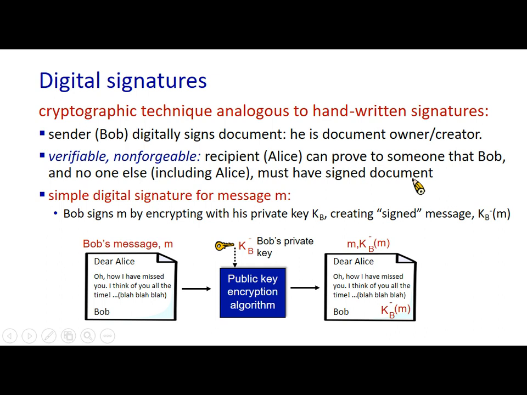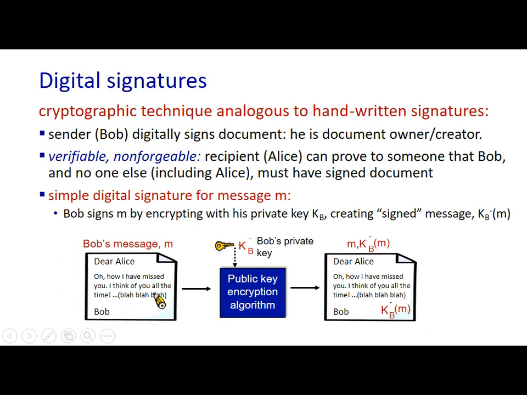So for a simple digital signature for the message M, Bob signs M by encrypting with his private key KB, and creates the signed message, KB(M). For example, the message: Dear Alice, oh how I have missed you. I think of you all the time, blah blah blah. Bob.